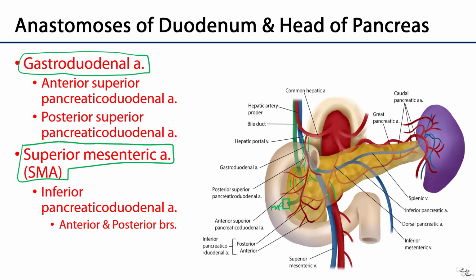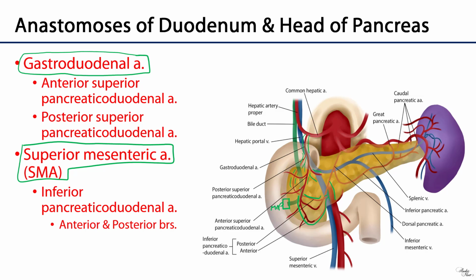And we can see that gives off an inferior pancreatico-duodenal artery. And that inferior pancreatico-duodenal artery will have both anterior and posterior branches. And those anterior and posterior branches will anastomose with those anterior and posterior superior pancreatico-duodenal arteries to supply the duodenum and head of pancreas with blood.